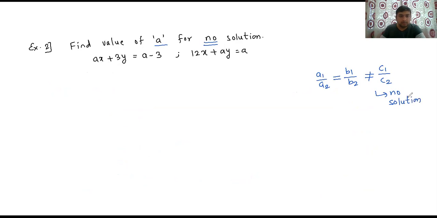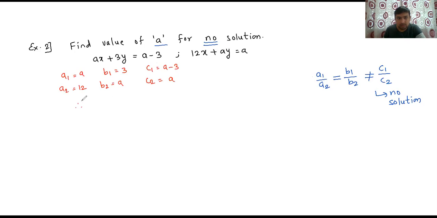Okay. So let us write down A1, A2, B1, B2, C1, C2. What is A1? A. What is B1? 3. What is C1? A minus 3. What will be A2? 12. B2? A. C2? A.